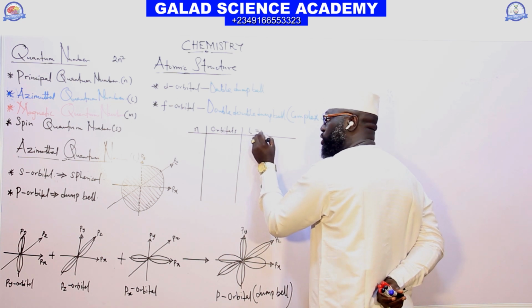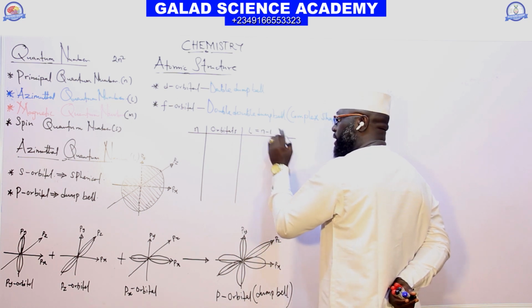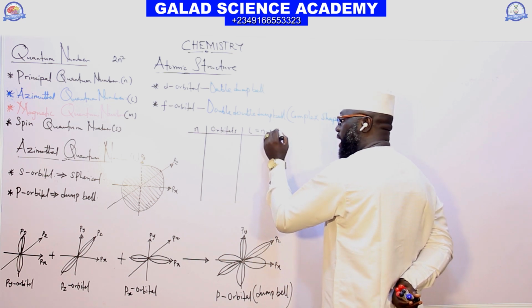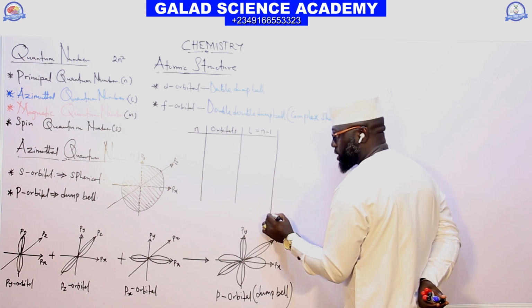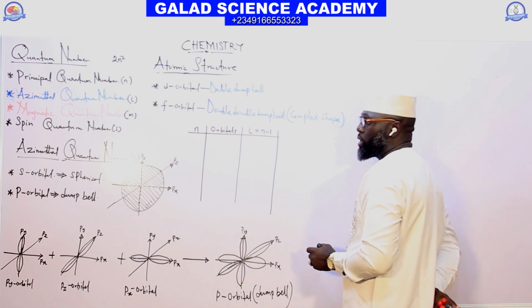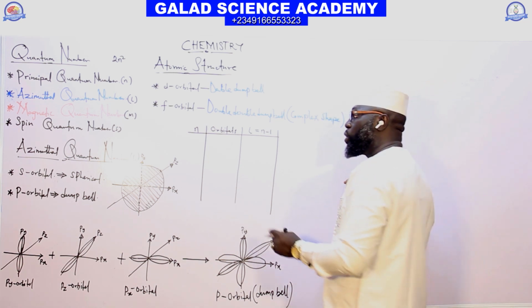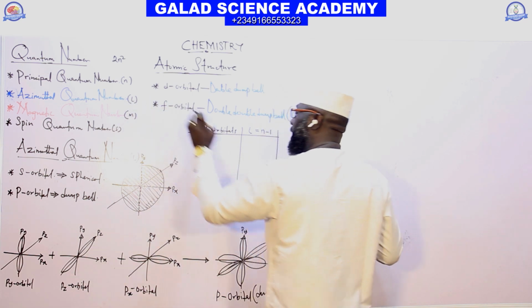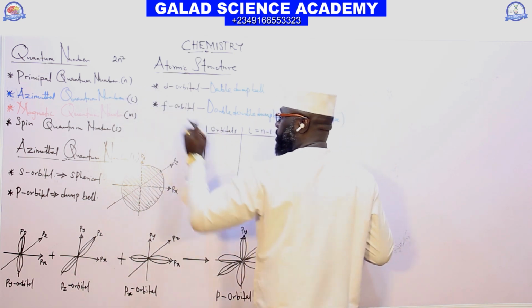And here we have L. The L is equal to n minus 1. That is the value for azimuthal quantum number. So this L is azimuthal quantum number, and this n represents principal quantum number.